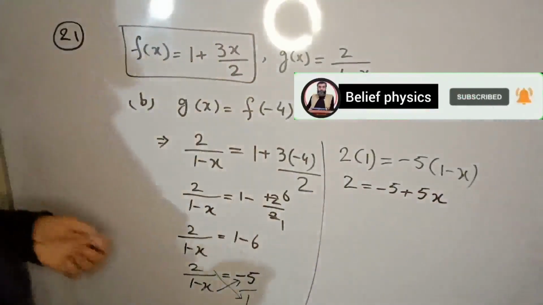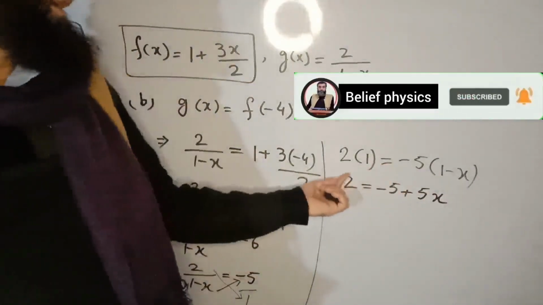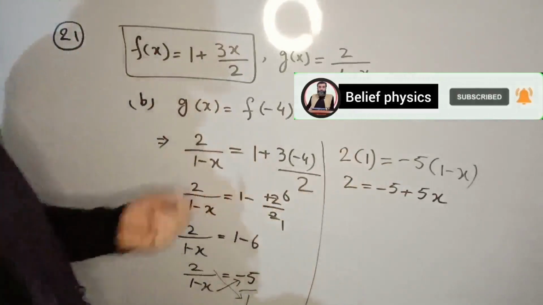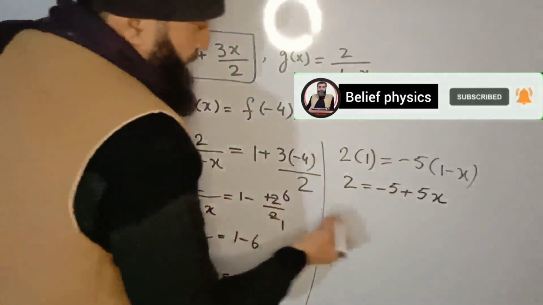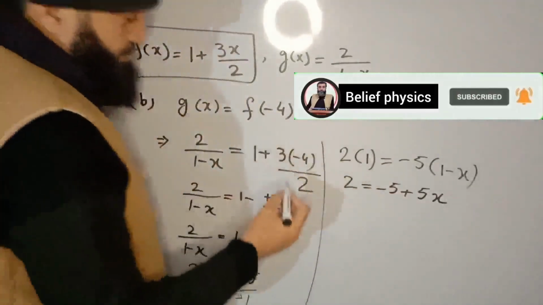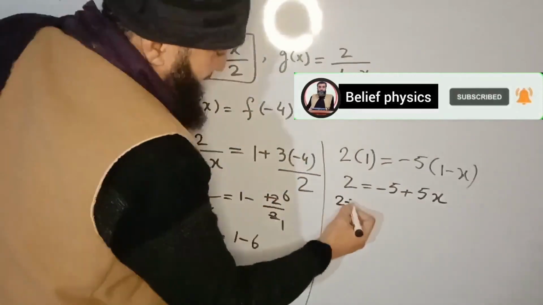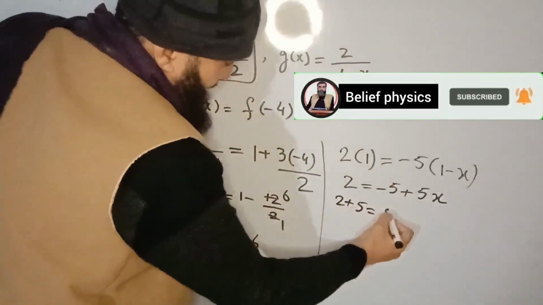Or you can take 5 here initially and then solve it. It is up to you. I will solve it both ways. 2 plus 5 is equal to 5x.